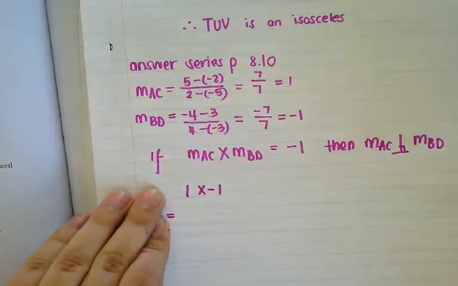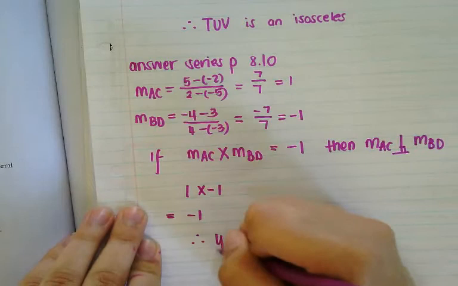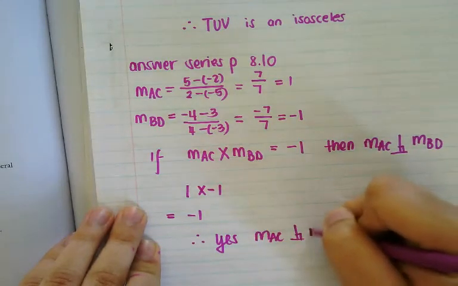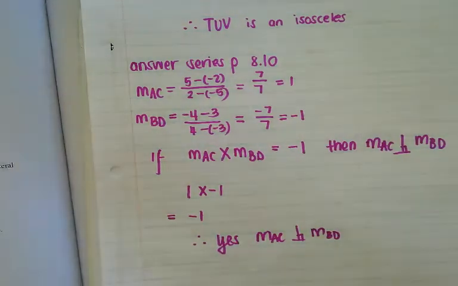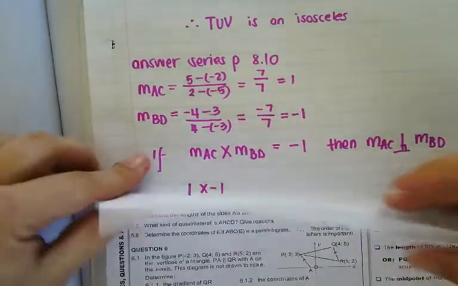What is 1 times -1? Therefore, yes, M of AC is perpendicular to M of BD. Kind of seems like a silly question when you look at it. But as long as those gradients multiply together to equal -1, they have to be perpendicular. Okay, next question.